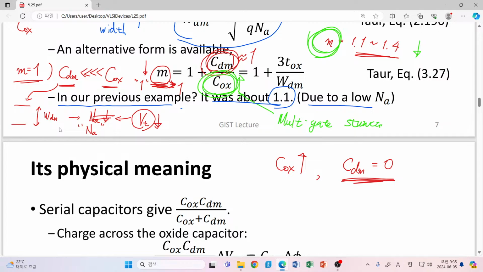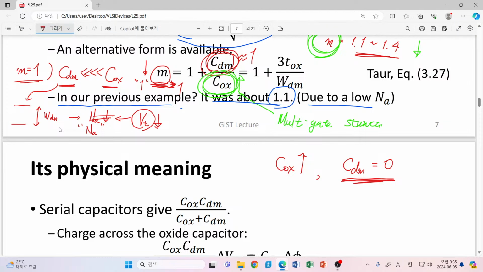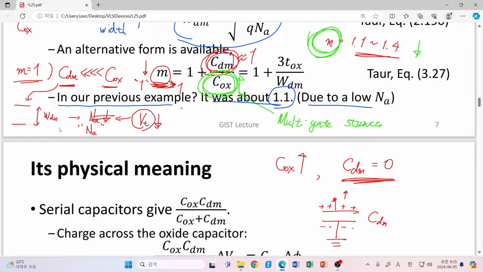But please think about the physical origin of capacitance. In this case we have C_dm. It means that if we change this surface potential a little bit, if we slightly increase this surface potential, then we have additional charges collected across our depletion layer.